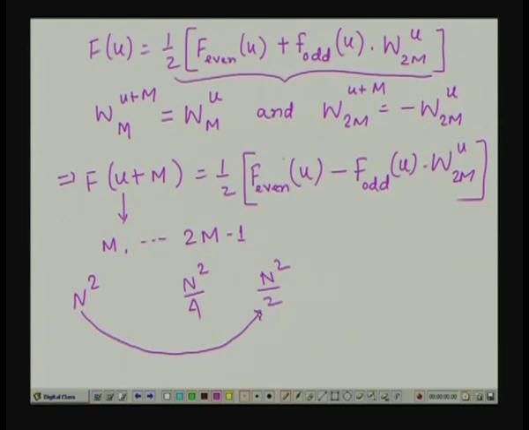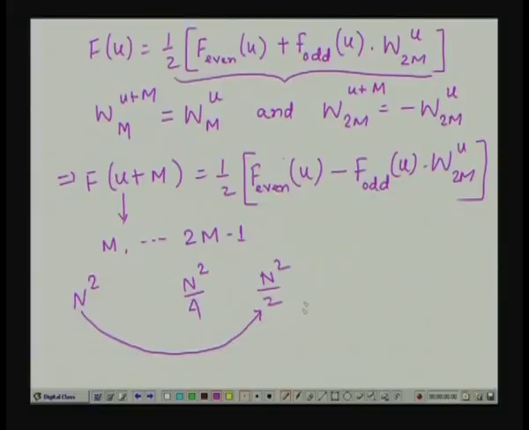So, if I go further breaking this sequence of samples into smaller sizes, compute the DFTs of each of those smaller size samples and then combine them together, then we will find that we can gain enormously in terms of the amount of computation.